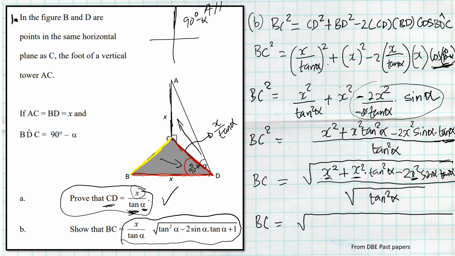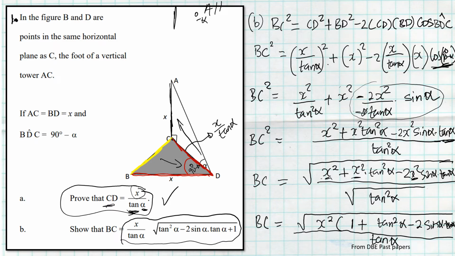Then I'll be left with 1 plus tan squared alpha minus 2 sine alpha multiplied by tan alpha. Okay, if I apply the square root on something that is squared, the square will go away and we'll be left with tan alpha. Okay, my space is full.